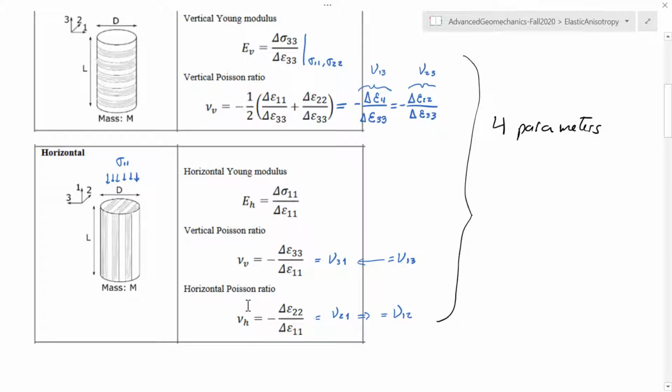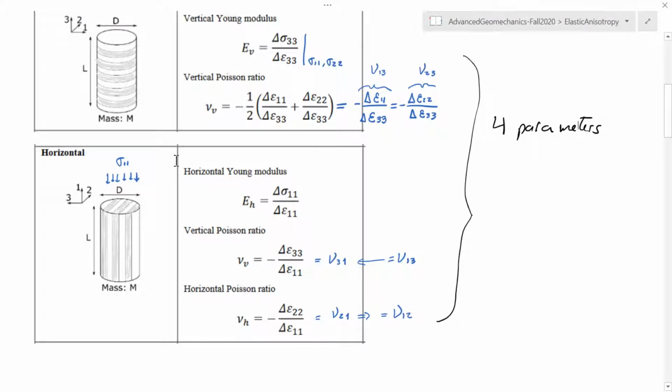There are some other methods that may use a sample inclined at 45 degrees in order to measure an additional parameter, or use a more complex stress path in order to measure these static properties. The one that uses the 45 degrees, it's a little bit difficult sometimes to analyze, because as soon as you add some deviatoric loading, you may be reactivating and failing some of the interfaces, and then the solid is not going to be elastic anymore. So you need to be very careful in order to apply such method.